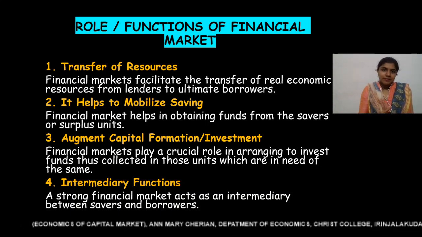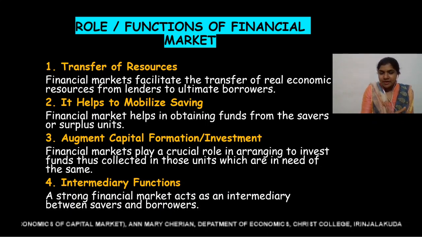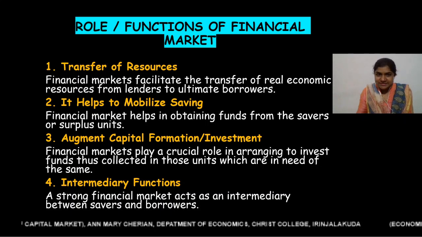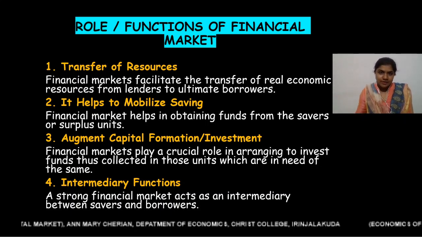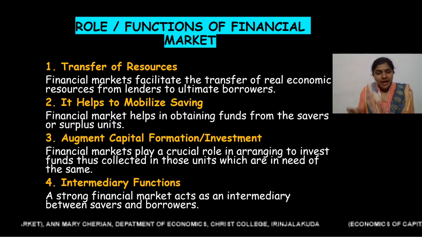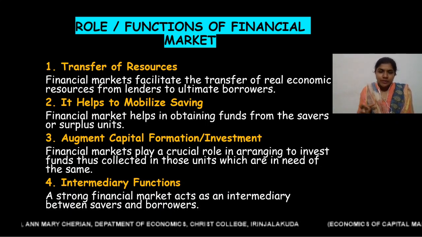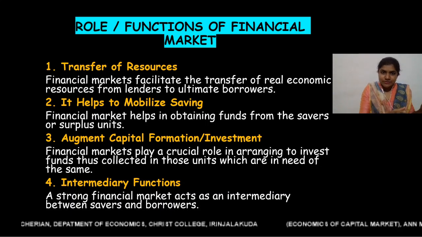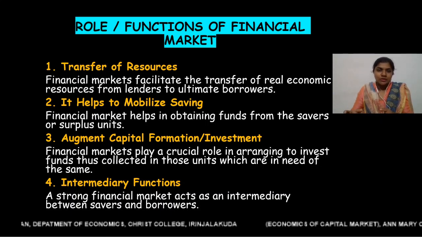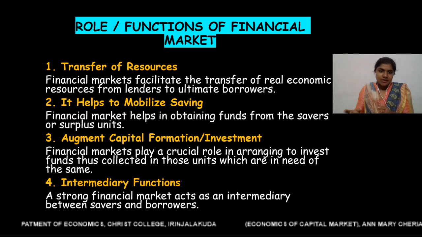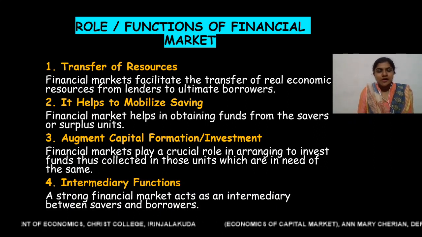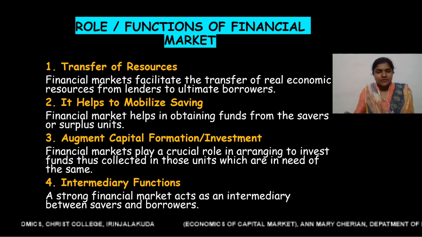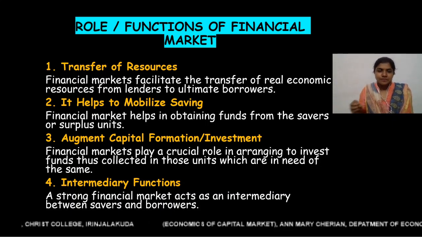So lenders have surplus funds and borrowers have deficit funds and are in need of funds. So financial market transfers economic resources from lenders, or the surplus unit, to borrowers, or the deficit unit. So first and foremost function of financial market is transfer of resources from lenders to borrowers.